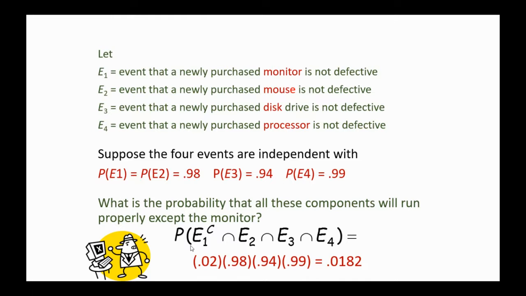And you should get 0.0182. Questions on this example?